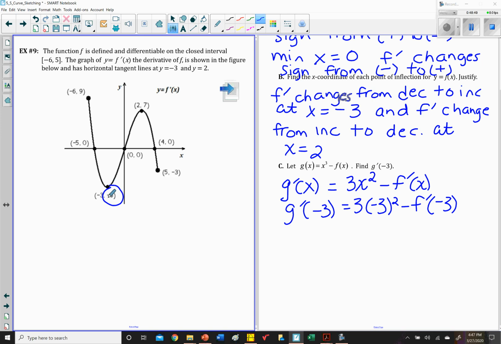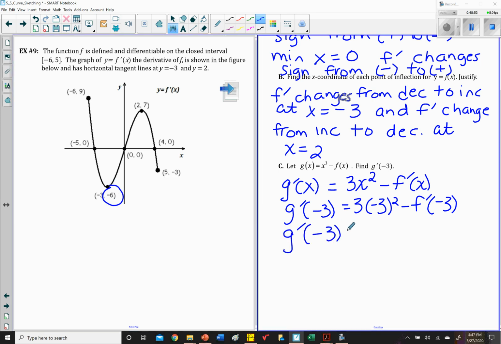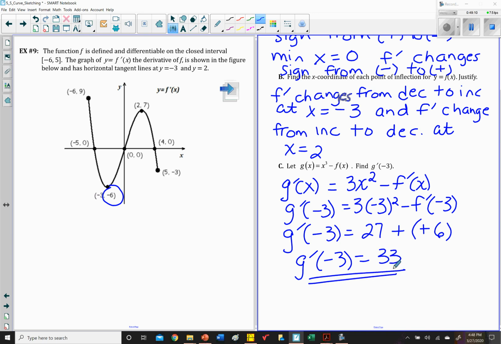So the f prime of -3 is -6. The g prime of -3 is 9 times 3, that's 27. And we're subtracting a -6. So the g prime of -3 is 33. Man, that's a long lesson. One more lesson to go.